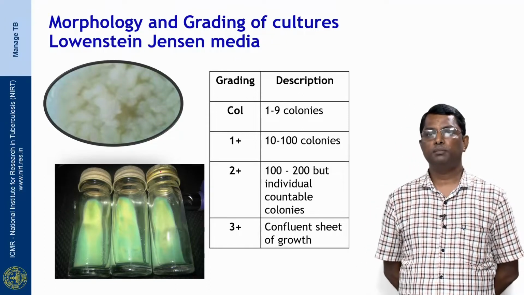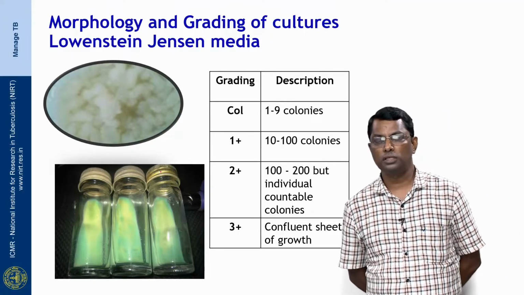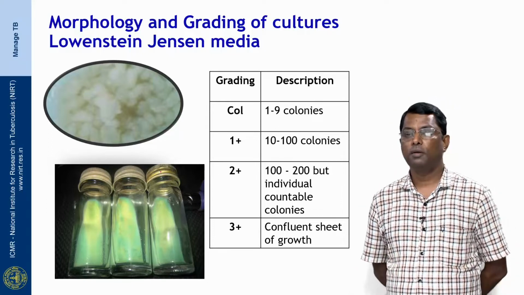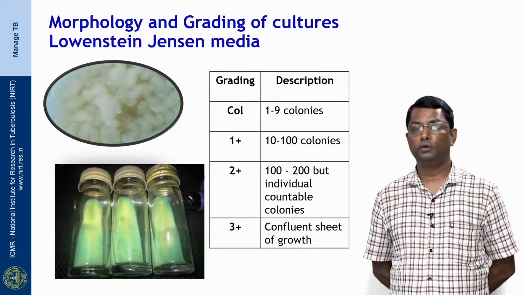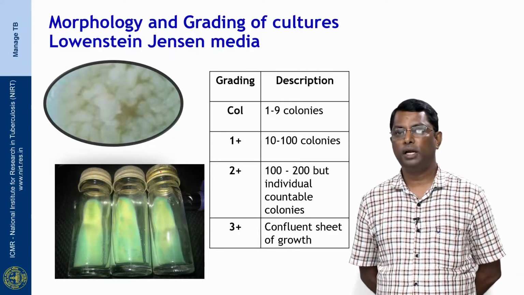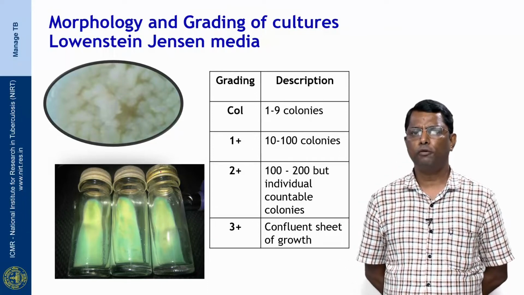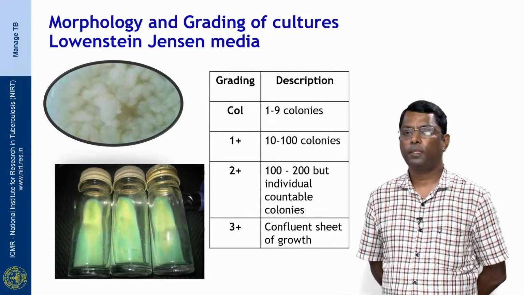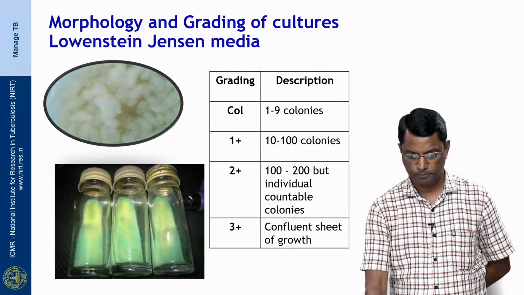If it is anything between 10 to 100 colonies, you report it as 1 plus. If it is 100 to 200, but they are countable individual colonies on LJ medium, it will be labeled as 2 plus. And if it is a confluent sheet of growth, which is shown in this picture, it is 3 plus.